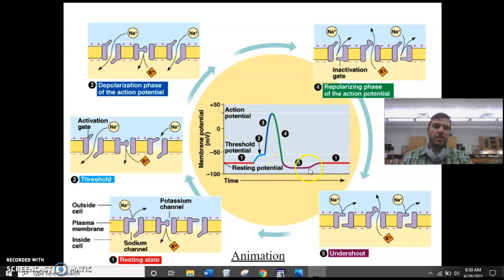But we do have a little undershoot phase. It's sort of a refractory period here where we're getting the sodium back out, the potassium back in, and we get back into our resting potential, which is the time between action potentials on the axon.